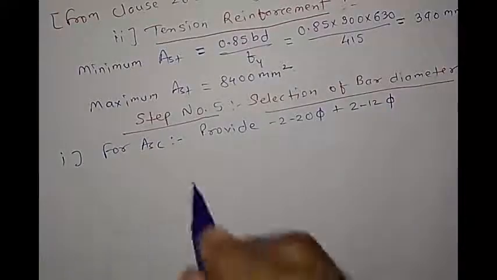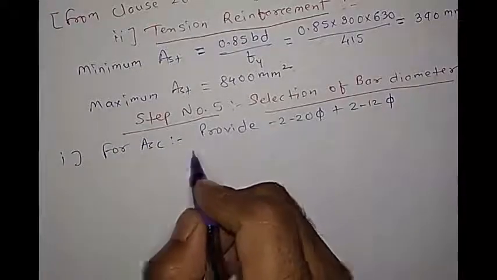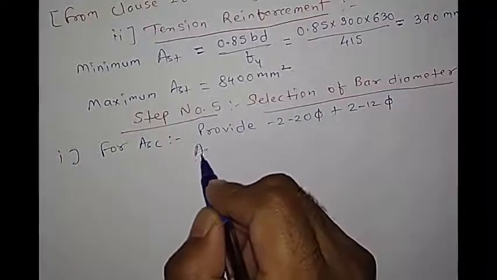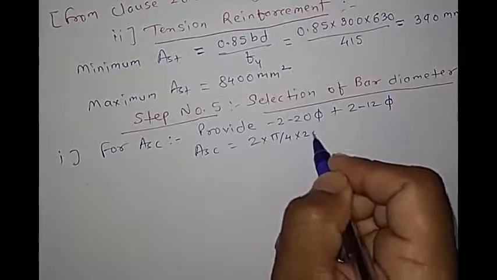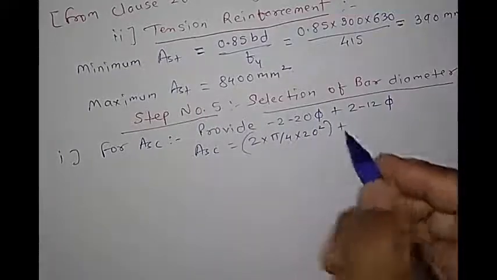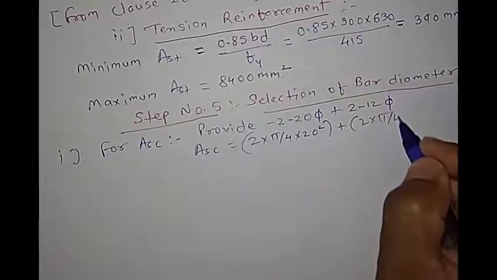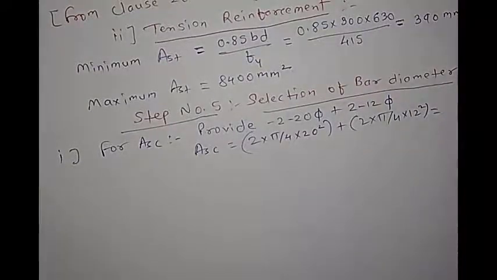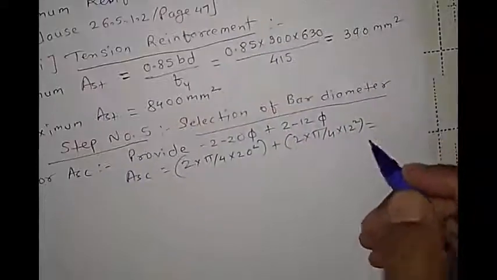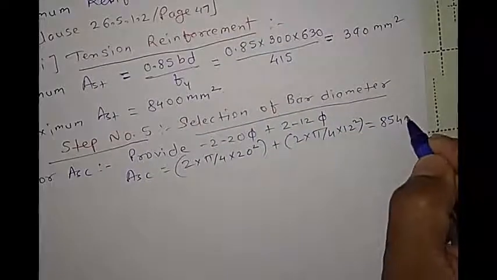So now if you calculate total ASC, that would be around 2 into pi by 4 into 20 square plus 2 into pi by 4 into 12 square, which is going to be 854 mm square.